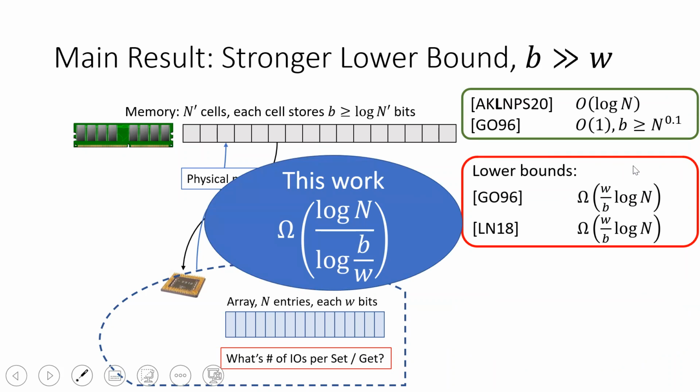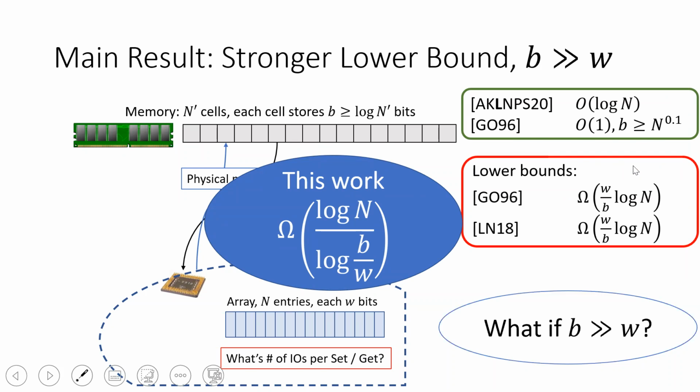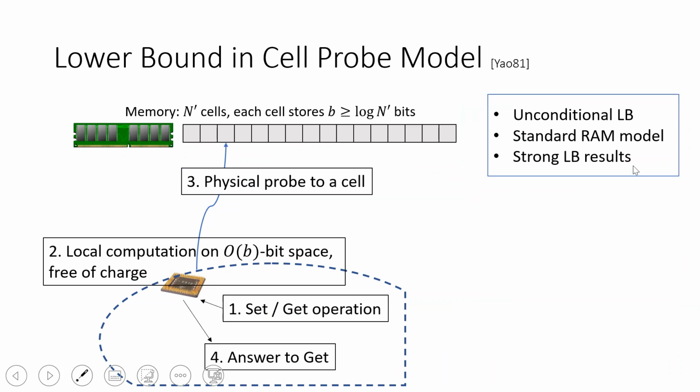Okay, so next I will continue with the technical part. That's our lower bound model and our proof techniques. I want to repeat a bit about the lower bound model, because in lower bound we don't have a concrete construction.